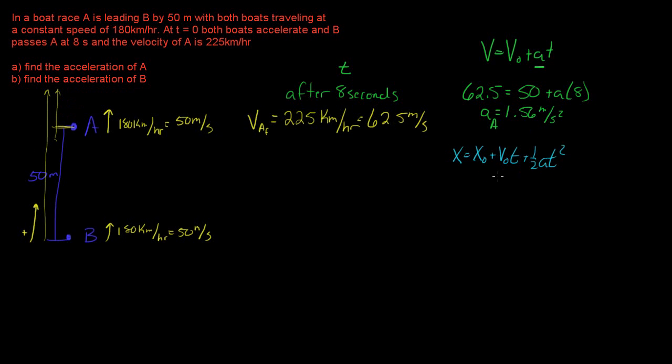And if we call this our 0 point, x naught of A is going to be 50 meters. It's 50 meters this way. So x is equal to 50 meters plus its initial velocity, which is 50 meters per second, times 8 seconds, plus 1/2 times the acceleration, which is 1.56 meters per second squared, times the 8 seconds squared.